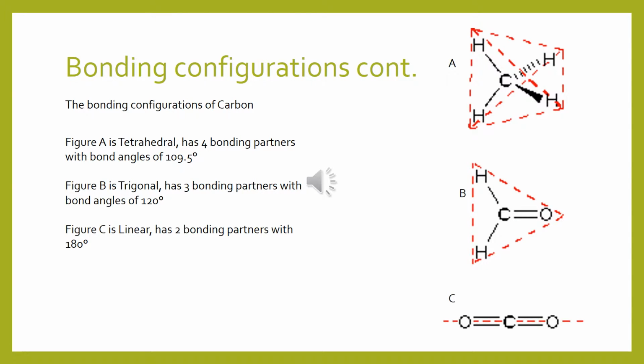Figure A is tetrahedral because carbon has 4 bonding pairs. Figure B is trigonal planar because it has 3 bonding pairs, and figure C is linear because carbon has 2 bonding pairs.